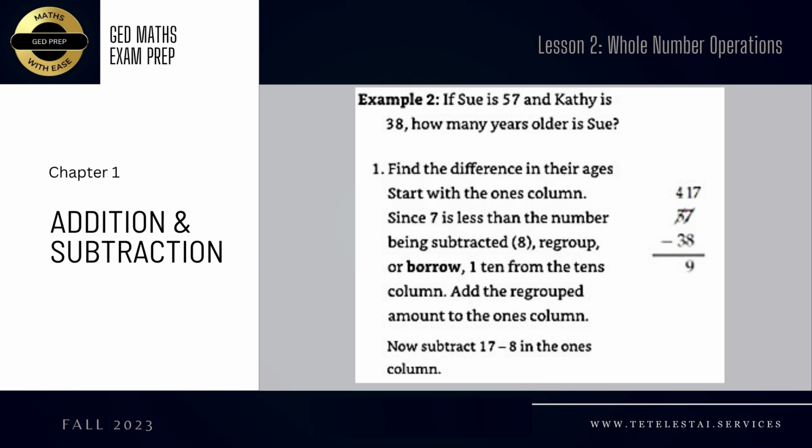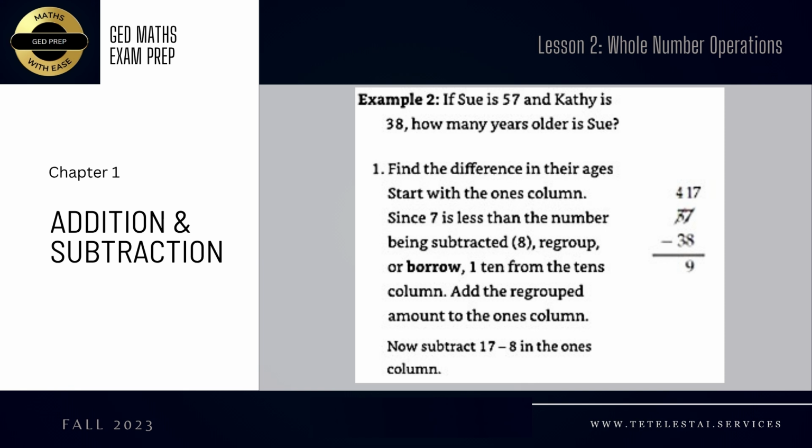So once again, you would start with the ones column after you've stacked your numbers, and notice that in the ones column we have 7 minus 8, right? Technically 7 minus 8 is -1, but for the purpose of this exercise, we can't do that. We need to go over to the tens column and we need to borrow a 1 so that our answer will be positive, right?